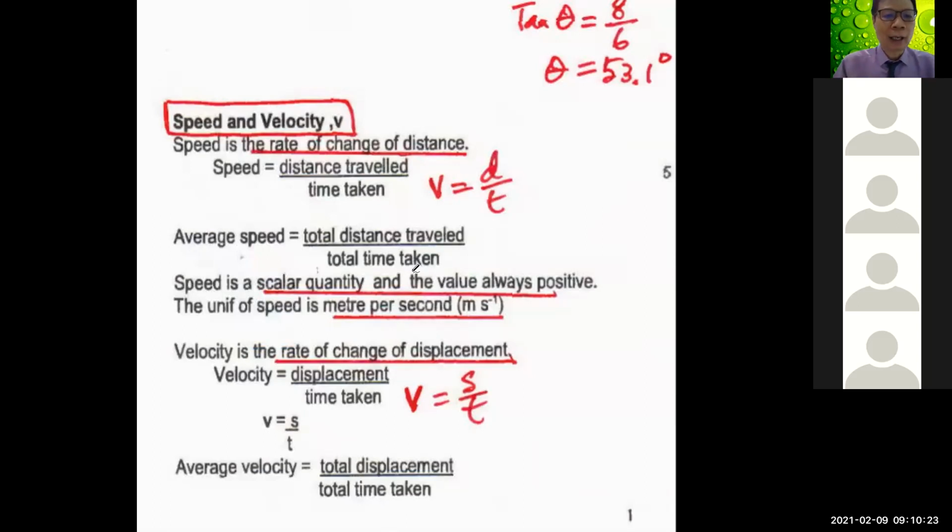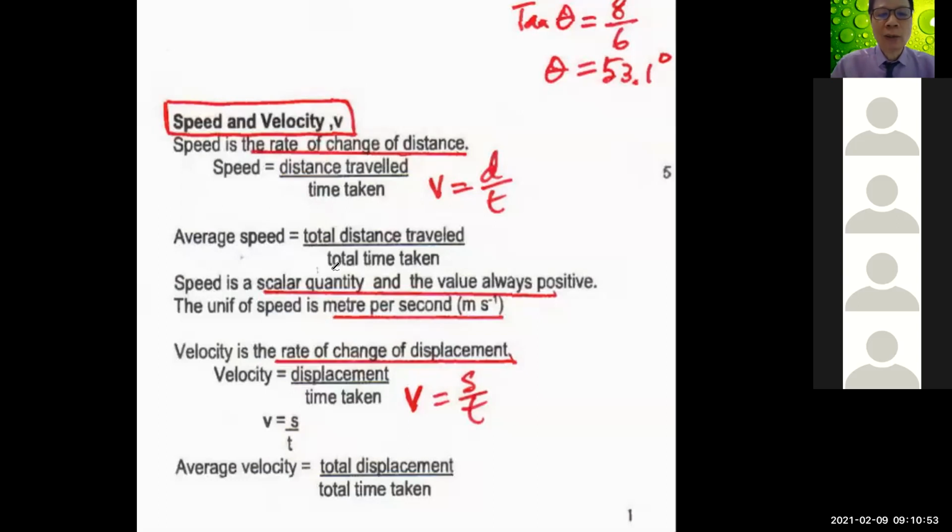And the other one is average speed. Average speed is more or less the same when you have more than one section of traveling, so you take the total distance traveled divided by the total time taken. These two formulas are in fact the same. So, very important definition now: speed is rate of change of distance. And the formula, please remember, to find speed you take distance divided by time.